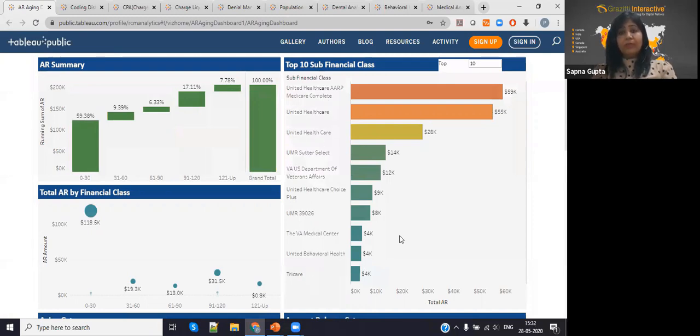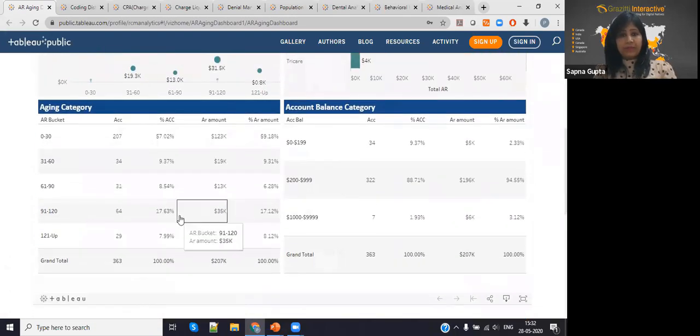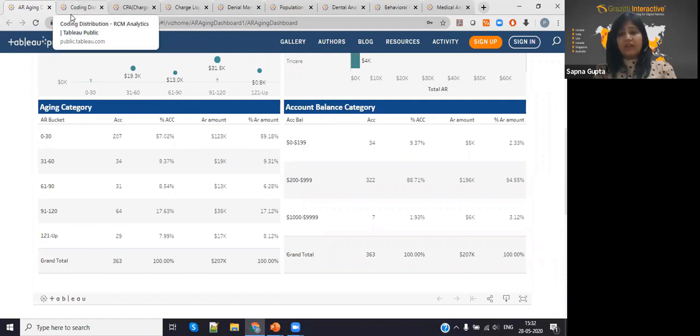On the two bottom charts, we have tabular representation of data for the aging and account balance category. This data enables you to reduce the manual work involved in multiple departments to monitor AR. Furthermore, with the help of this dashboard, you can monitor the effectiveness of AR strategies to improve collection rates.